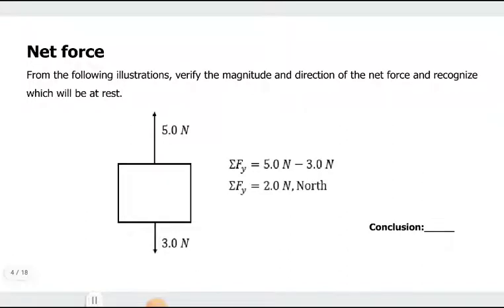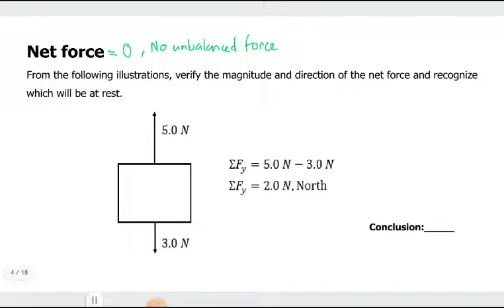So we need to compute for the net force because there might be multiple forces acting on a particular object. If we compute that the net force is equal to zero, that means there is no unbalanced force. Since there is no unbalanced force, there is no acceleration, or the object will not be accelerating, because it is the unbalanced force that causes the acceleration.